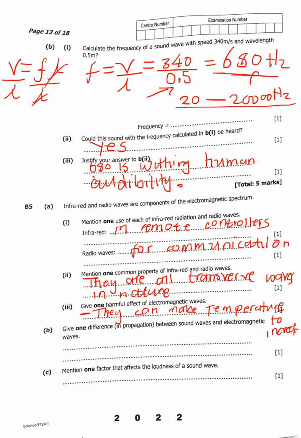Give one difference in propagation between sound waves and electromagnetic waves. So in propagation, we are looking at it in terms of traveling.